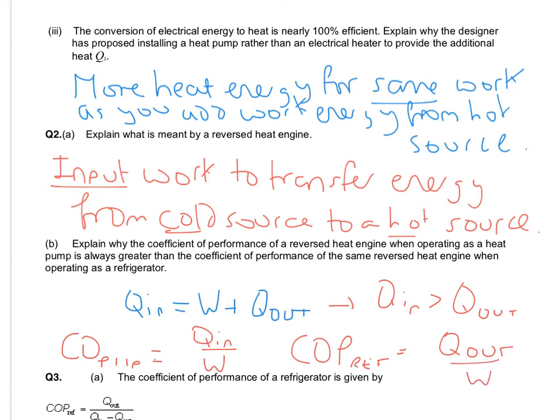And if Q in is greater than Q out, that means the coefficient of performance of the heat pump must always be greater than the coefficient of performance of a refrigerator. And you can see it from that sort of logic there.